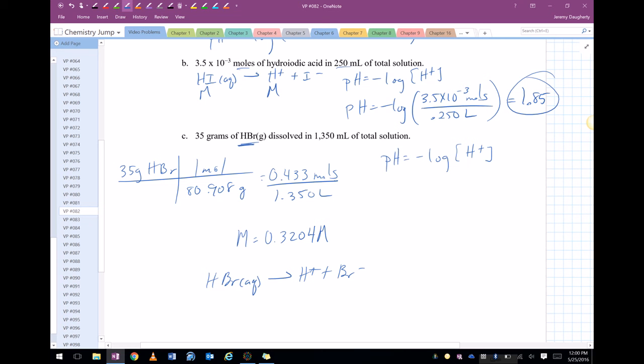Okay? So I can use stoichiometry. If this is 0.3204, this is 0.3204. So just going to plug that in. And I get a pH of 2 sig figs. Oops. 0.49. No units for pH.